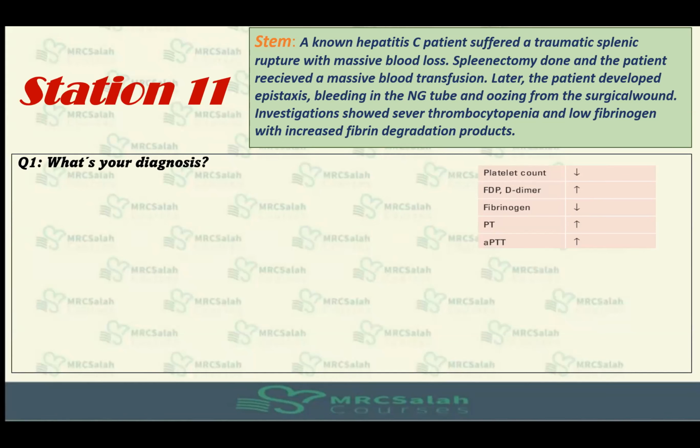I think DIC. Okay, why do you think that? Because we have thrombocytopenia and increasing D-dimer, decreasing fibrinogen, and increasing prothrombin time and partial thromboplastin time. Yes, and bleeding, and a history of massive blood transfusion. So, can you please define DIC?